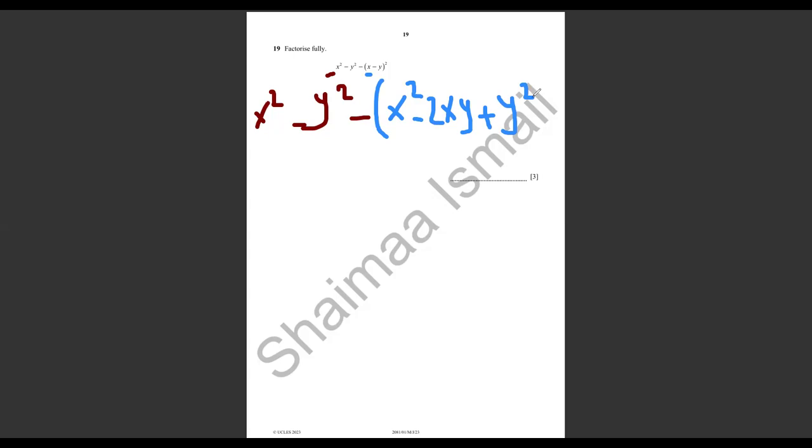Let's flip the signs and expand and collect the like terms. So here the negative x squared, positive 2xy, and negative y squared. Negative x squared plus x squared, we are going to cancel them, plus 2xy minus y squared.